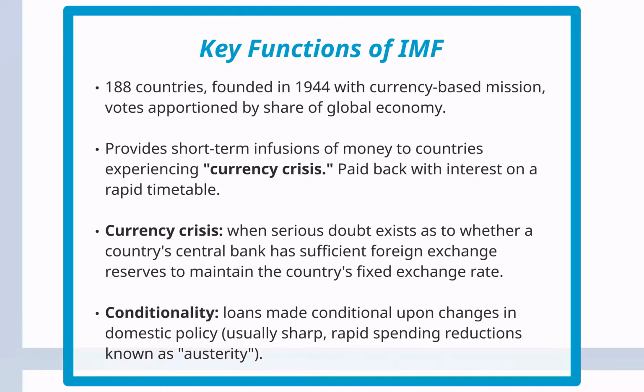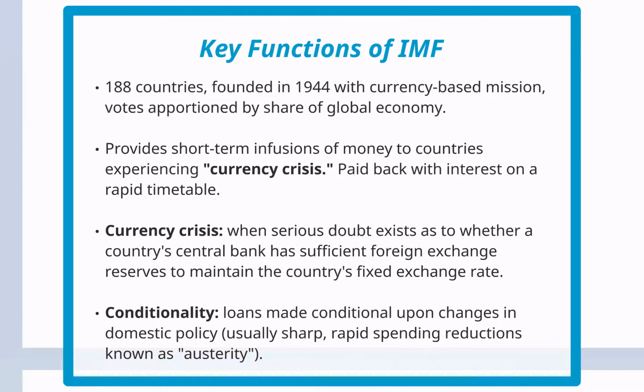The thing I'll mention first is that votes in the IMF are apportioned a little bit differently. Basically, every country has a quota that they have to provide to the IMF. They have an annual payment that they have to provide, which is based on their share of the global economy, right? So if you have a very large, very successful economy, you have a larger quota. You have to pay more into this pool of resources that they create.